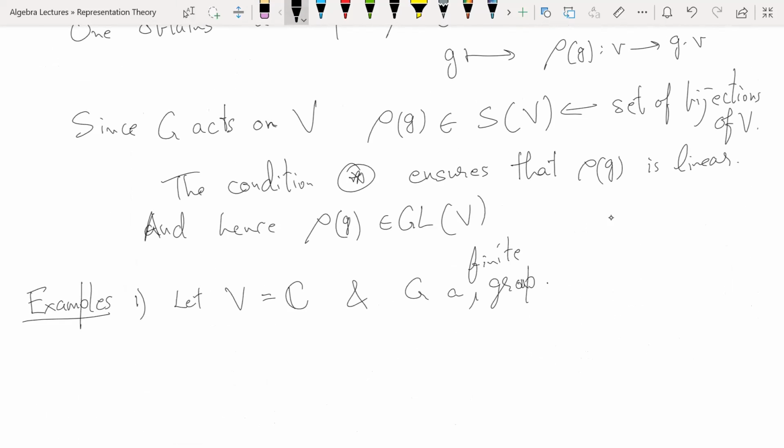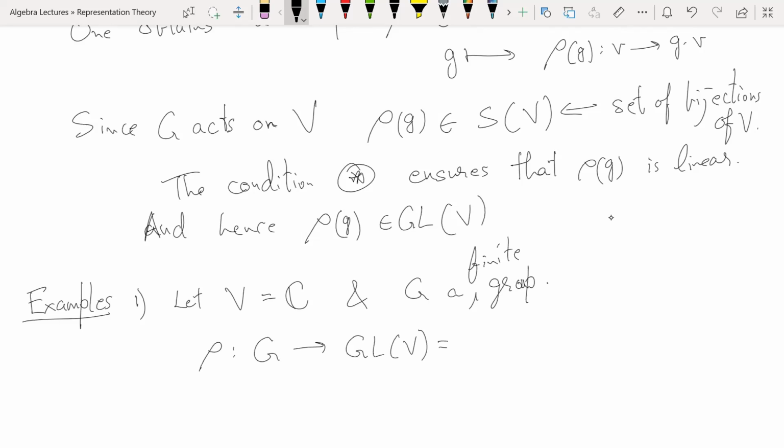So this is a representation of finite groups. So what is a representation? By definition, a representation of G on V is a group homomorphism rho from G to GL of V. And what is GL of V in this case?